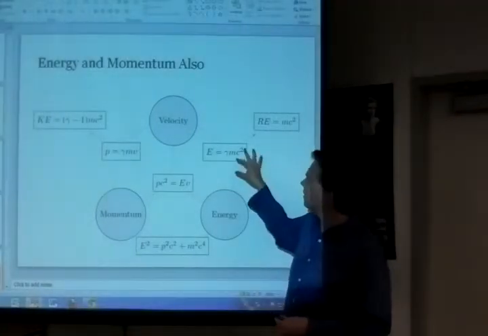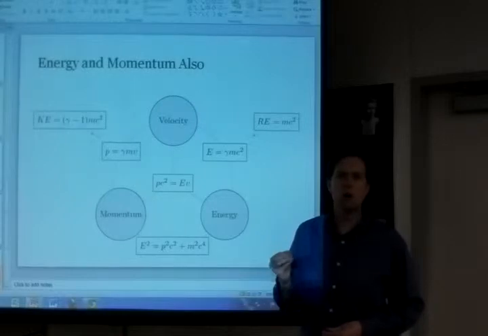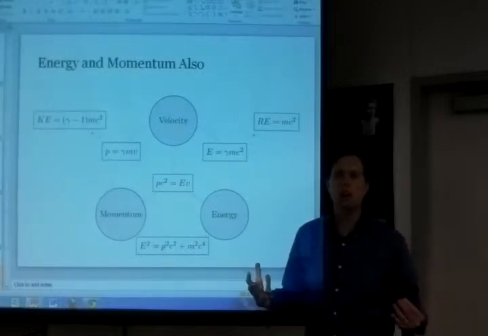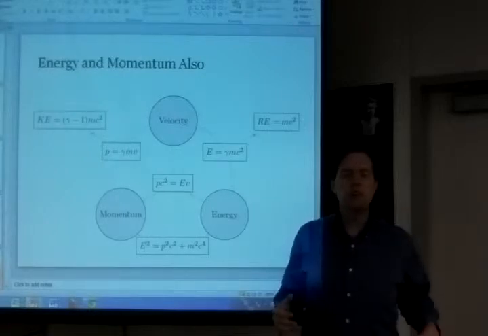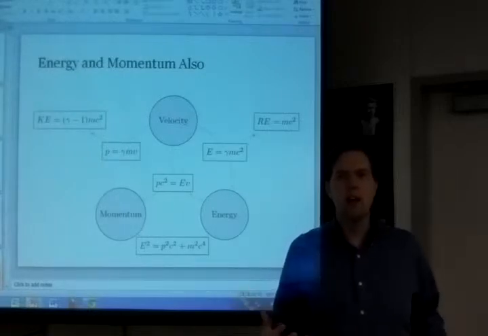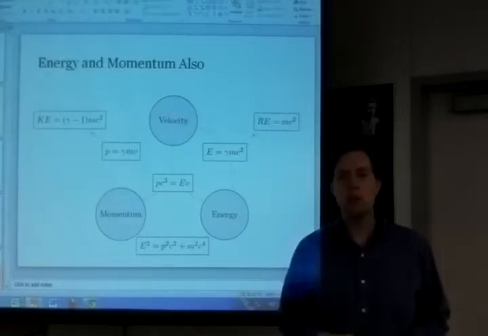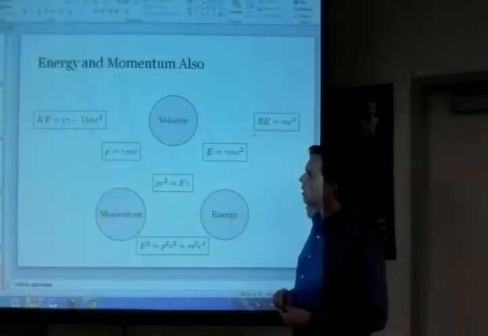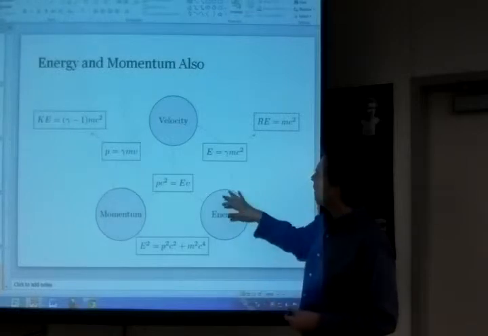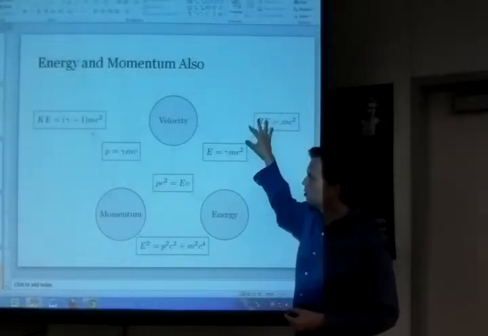What that says is that even though a particle's not moving at all, it still has a certain amount of energy just by virtue of its very existence. And that energy can be tapped into and transformed in various ways. So that generalization of energy is useful.